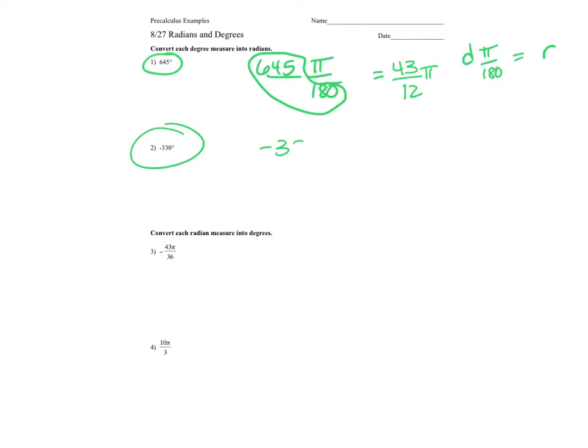Negative 11 over 6. Negative 330 over 180 times pi is negative 11 over 6 pi. Don't forget the pi. Okay, since negative 330 is coterminal with 30 degrees, how many sixths are there in a unit circle? 12.